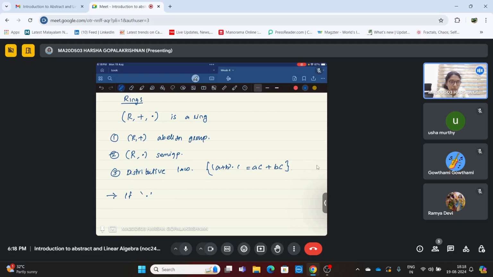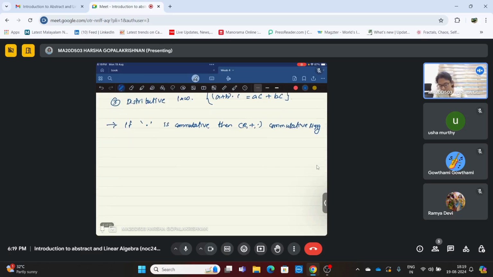In case the multiplication is also commutative along with addition, then (R, +, ·) is a commutative ring. Commutative ring means multiplication is commutative, not addition. Addition is always commutative in a ring.